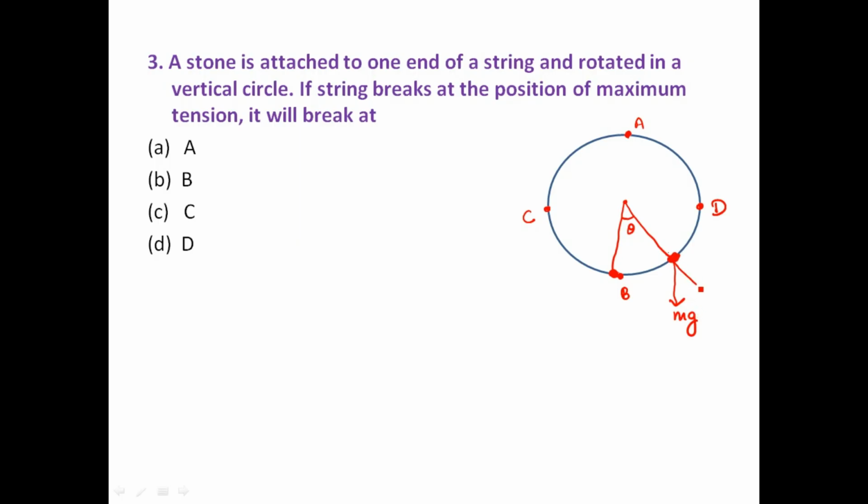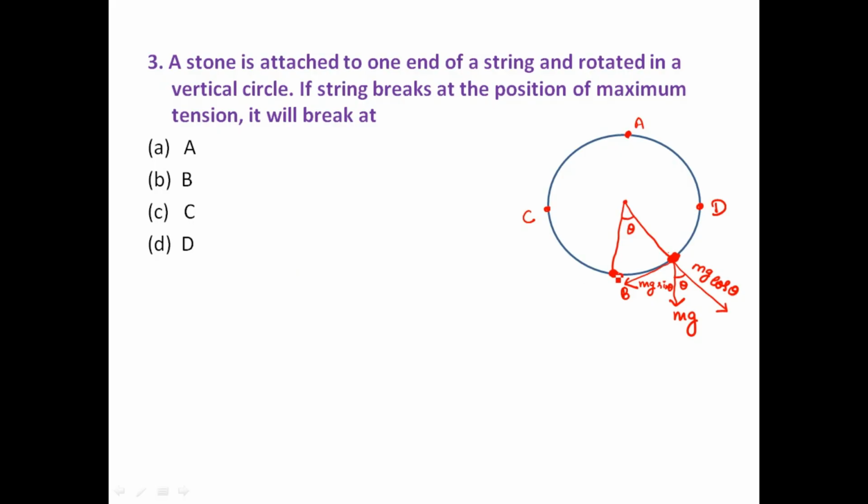One is the vertical component, the other one is the horizontal component. Vertical component is written as mg sin theta. Horizontal component is written as mg cos theta. Why? Because this is our angle theta.